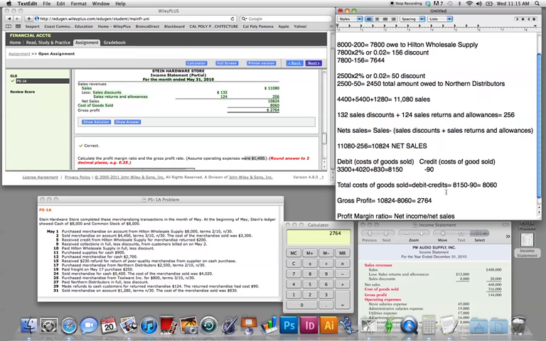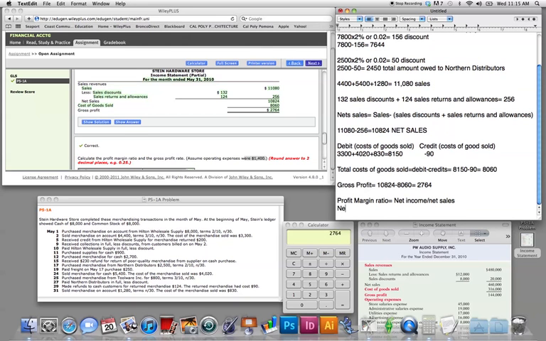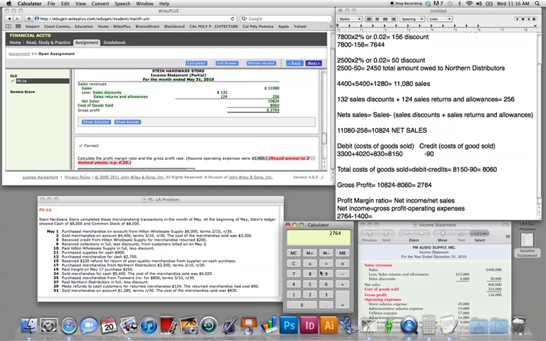What we would need to do is net income equals gross profit minus operating expenses, which equals $2,764, which we calculated just before this problem, minus our operating expenses, which were given to us in the problem as $1,400, and that equals $1,364, and that is our net income.